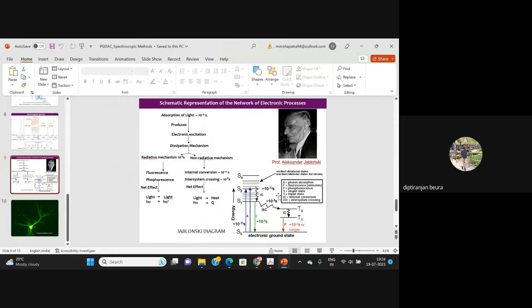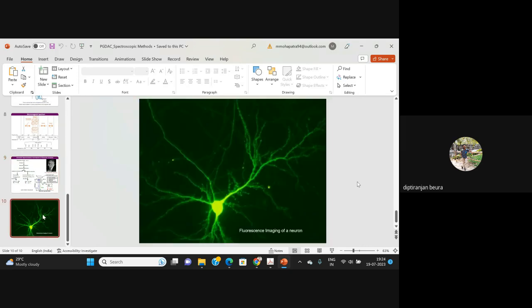Here you see this slide. It is very complex. This one also I will teach you in the subsequent classes. And the beauty of this spectroscopy is that it has a large scale of application. Since our class timing is constant, we are not able to focus more. Here you see, this is a fluorescence imaging of a neuron.